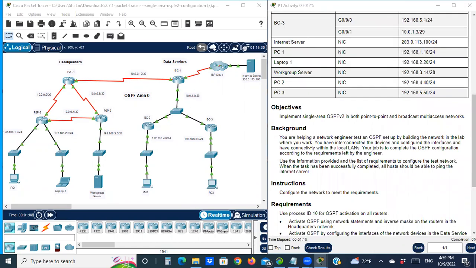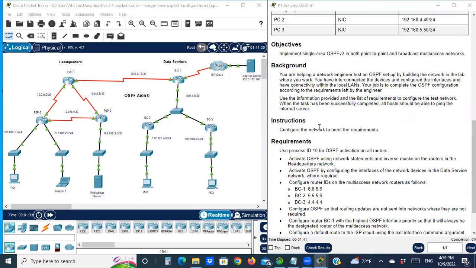Background: you're helping a network engineer test an OSPF setup by building the network in the lab where you work. You have interconnected the devices and configured the interfaces and have connectivity within the local LANs. Your job is to complete the OSPF configuration according to the requirements left by the engineer.